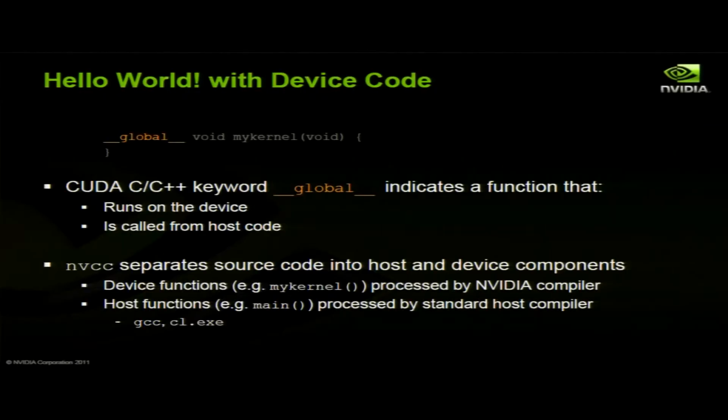So as I said, that underscore underscore global keyword basically says that this runs on the device and it is called from the host, from the CPU, right? CPU main function is calling it, correct? And NVCC separates this source code, which means as soon as it sees an underscore underscore global function, it extracts that code from your existing source code and creates a GPU binary for it.